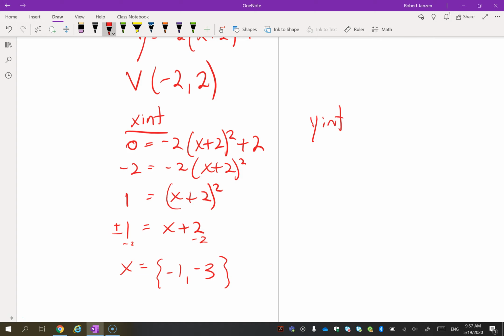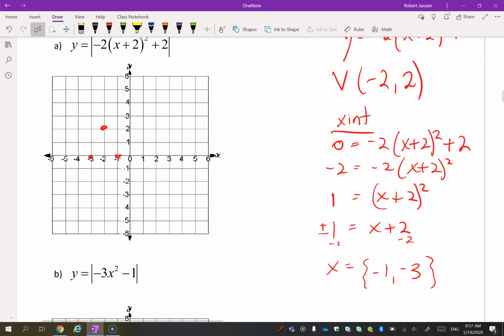If I make x be 0, I get this. So you'd get y equals negative 2 times 4. This is negative 8 plus 2. So I get negative 6. Okay, and this will be symmetrical, so I'll have that point.